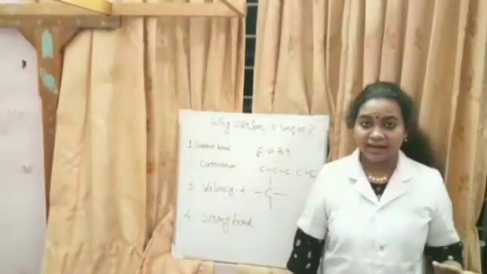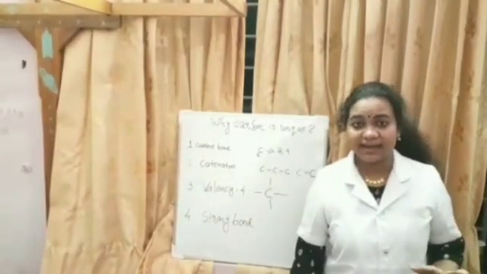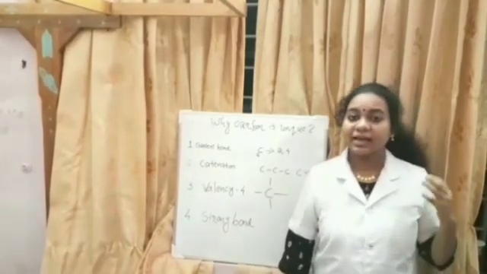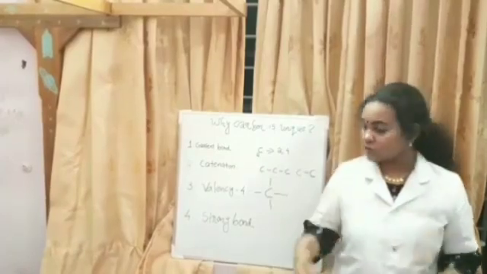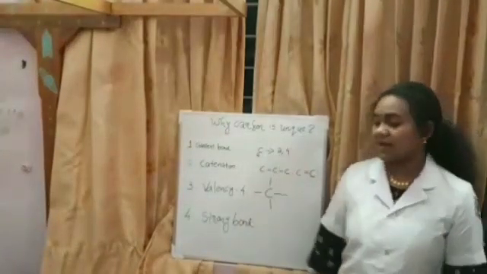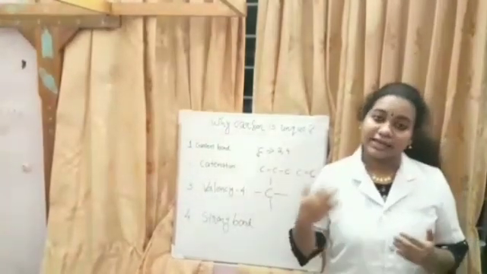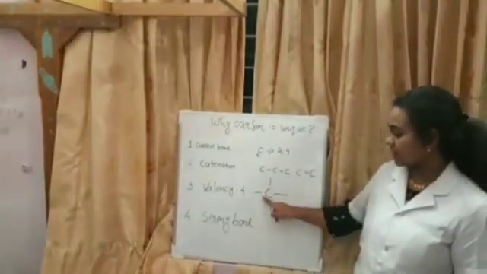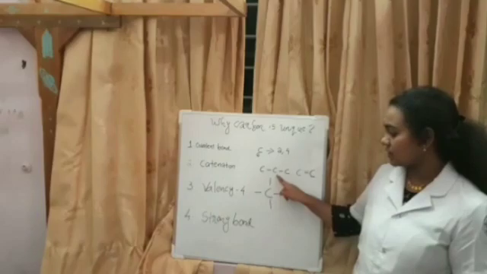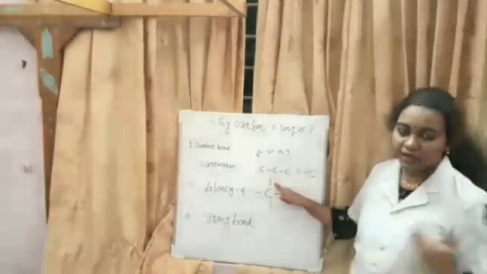What do you mean by valency? How can we define valency? Valency is the number of outermost shell electrons available for bonding. So what is the valency of carbon? Carbon's valency is 4. Here you can see carbon. Its valency is 4. This dash is denoting a bond.